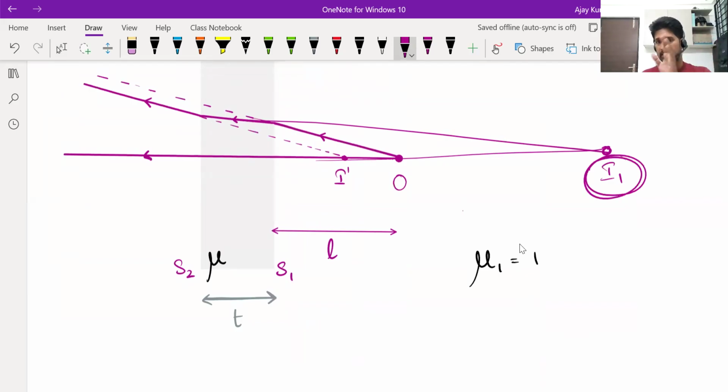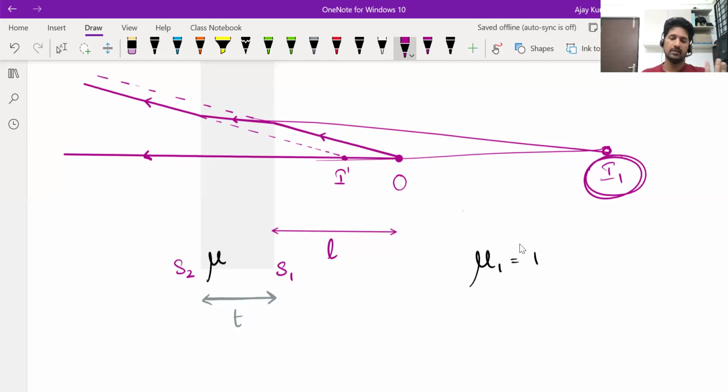Therefore, I1, which is the image formed by the first refraction, becomes an object for the second refraction. The original object has nothing to do with the second refraction, because for the second refraction, the way the light is striking the interface, it appears as if it is coming from I1, not from O. So I1, the image of the first refraction, will become the object for the second refraction.